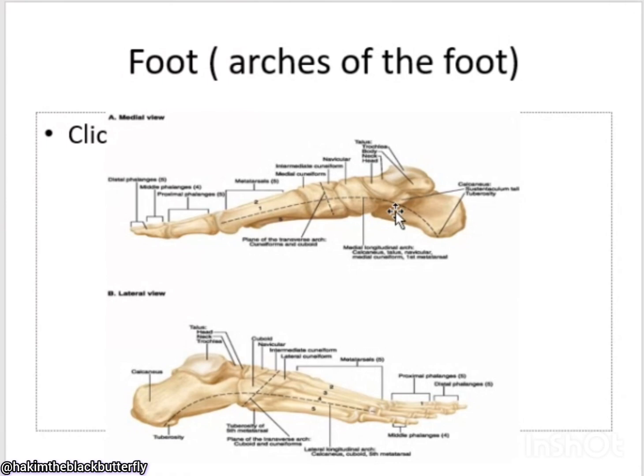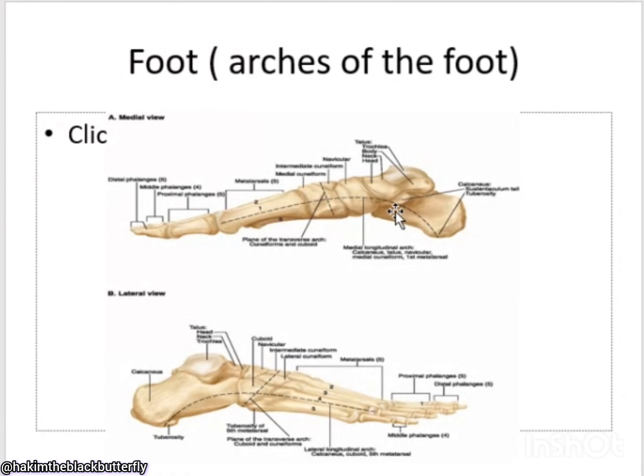And then you have long plantar ligaments. There is a fibrous, dense connective tissue on the inferior surface of the foot, on the sole of the foot, known as the plantar aponeurosis. The plantar aponeurosis is attached at the calcaneum and then at the heads of the metatarsals.